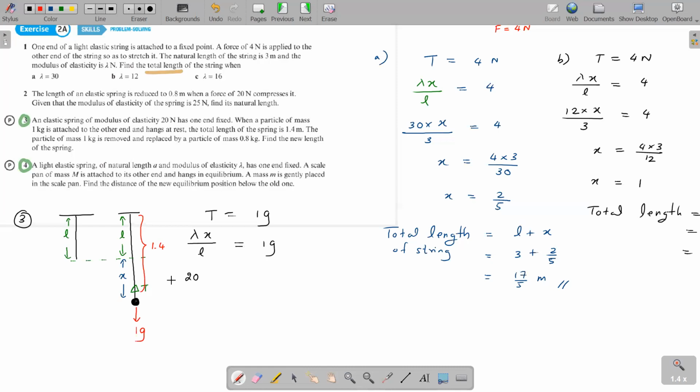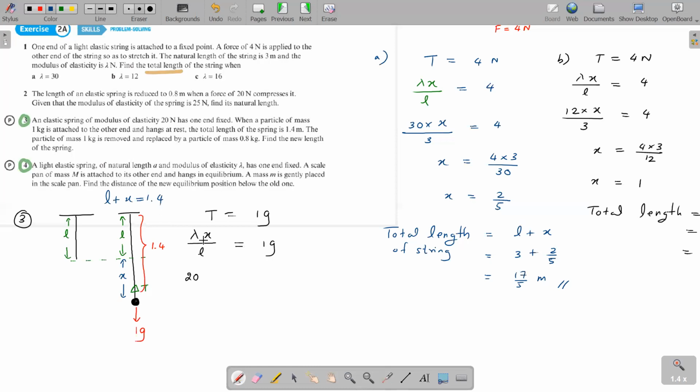So then what we can do here is replace x or L by using an equation. L plus x is 1.4, right? Natural length plus extension is equal to 1.4.